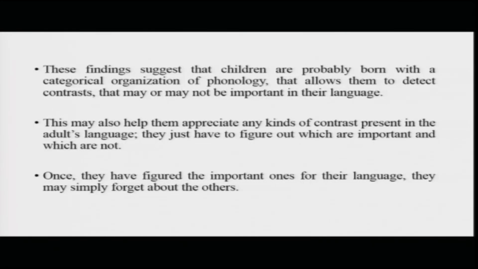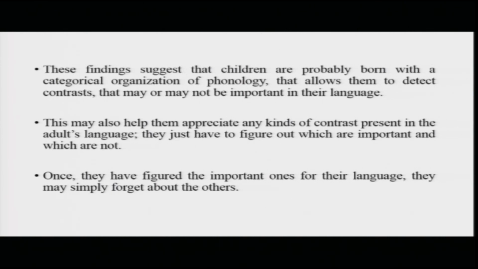So, these findings suggest that children are probably born with a categorical organization of phonology that allows them to detect contrasts that may or may not be important in their language. This may also help them appreciate any kinds of contrasts present in adult language, because they have to figure out which are the important and meaningful contrasts and which are not.